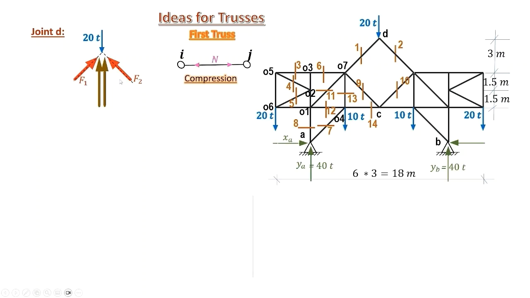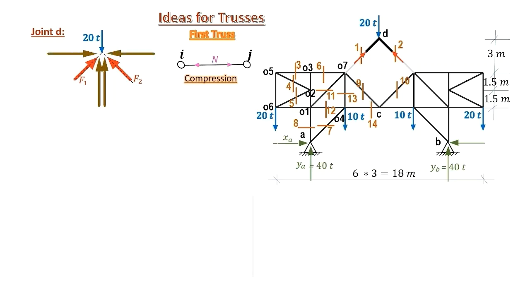We need a relationship between F1 and F2. From symmetry, we can conclude that they are equal, or in other words, we can write an equilibrium equation in the direction of X at D. Going back to our truss and considering joint D, those are the arrows heading towards joint D, the internal forces.